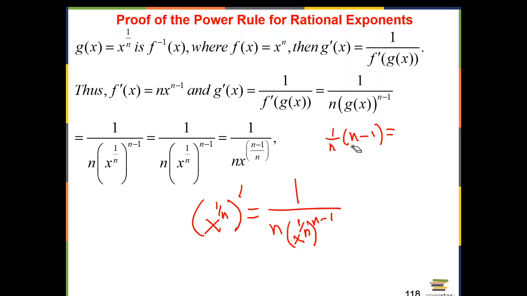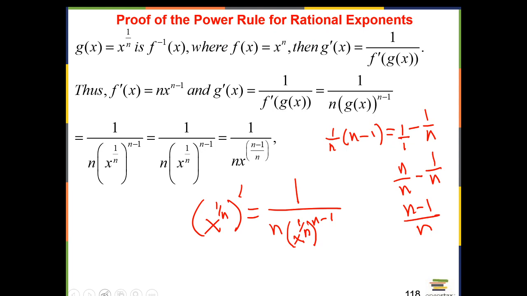Well, 1 over n times n is just 1, minus 1 over n, right? And if you give this a denominator of 1 and have the same denominator, then this would be n over n minus 1 over n, which is n minus 1 over n. So that's the power, right? So we're going to have n x to the n minus 1 over n, right?